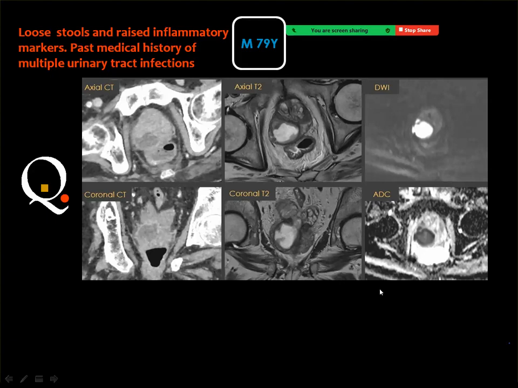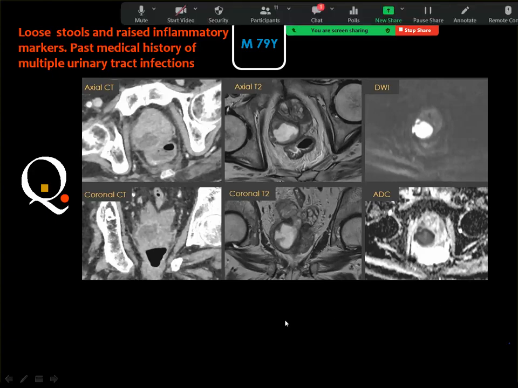Diversion of the urinary pathway may be to the colon, where the ureters are implanted to the colon, and this is a direct communication between the urethra and the rectum.